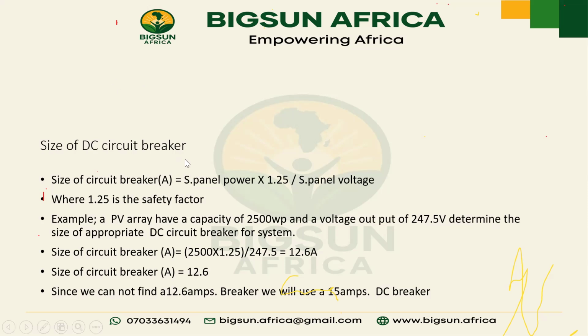Okay, so our total power is 5,040. Times 1.25 first, which gives us 6,300, all over our total voltage of 463.5. It's going to give us 13.59, which is about 13.6.